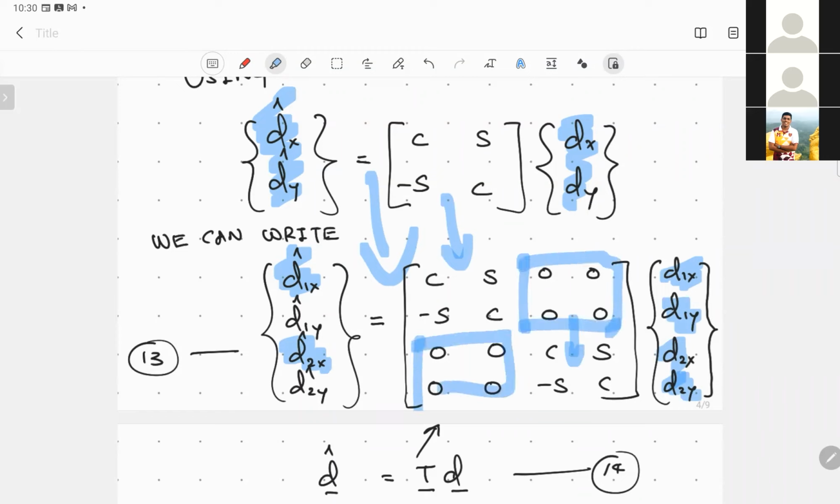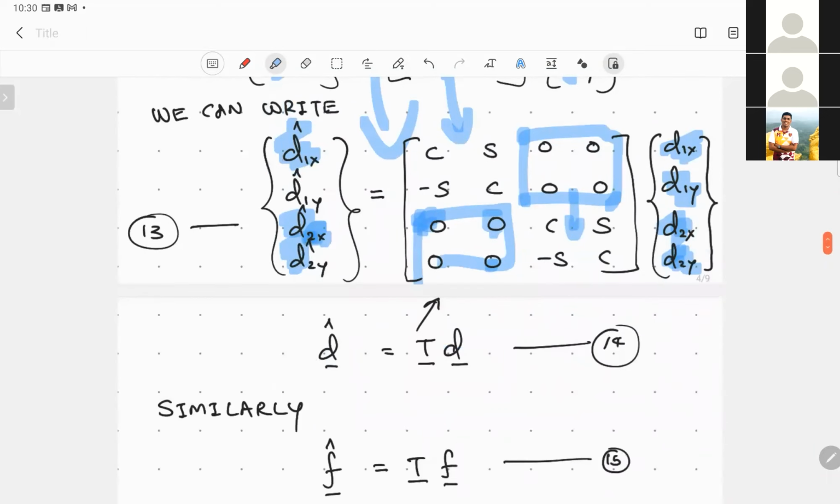These terms which correspond to node number 2 in this case are 0. And whenever we consider node number 2, the corresponding node number 1 contributions are 0.